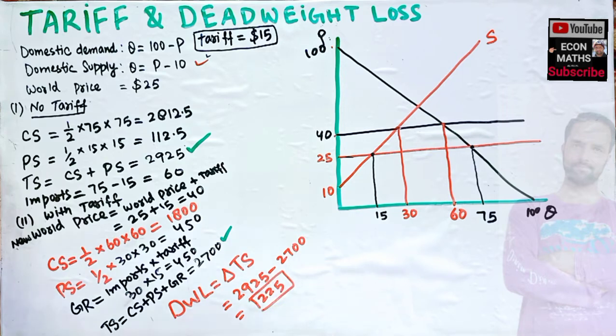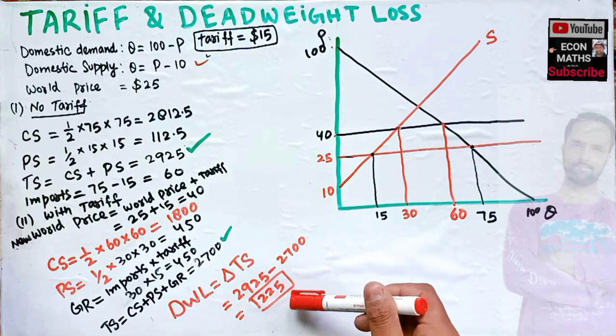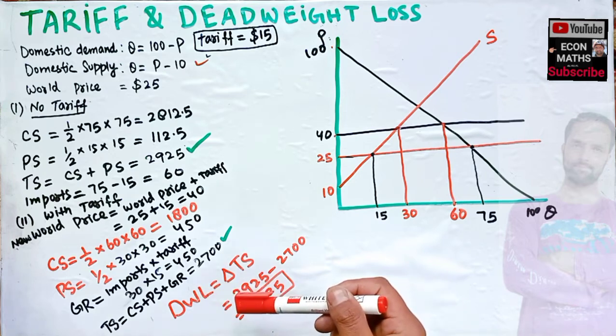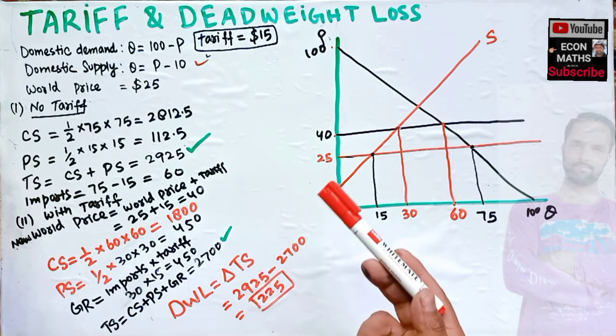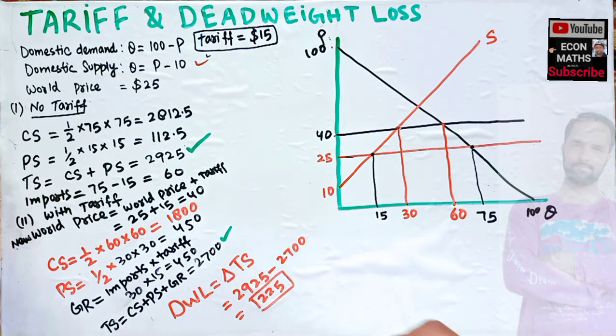Change in total surplus gives us the deadweight loss, and deadweight loss is simply 225 units in this case. So the difference between the surplus before and after the imposition of tariff gives us the deadweight loss.